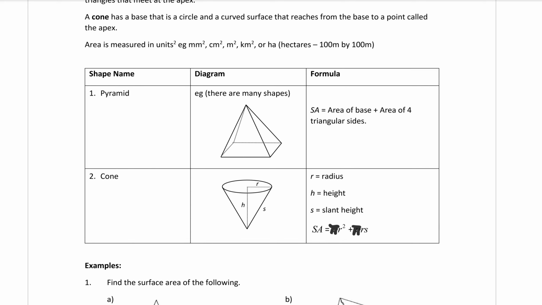So the formula for the surface area of a cone is pi r squared, which you're probably already thinking in your head. That's the circle part that's on the top, isn't it? Pi r squared. That's a circle on the top of that cone. And the pi r s is what we call the curved surface.